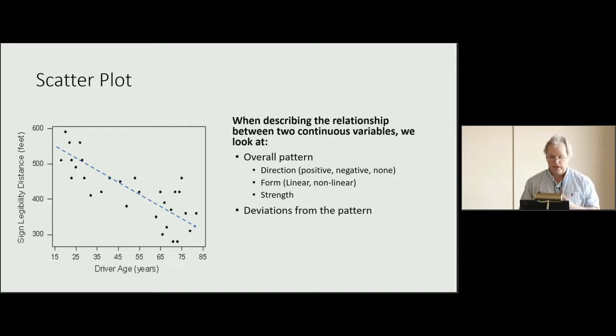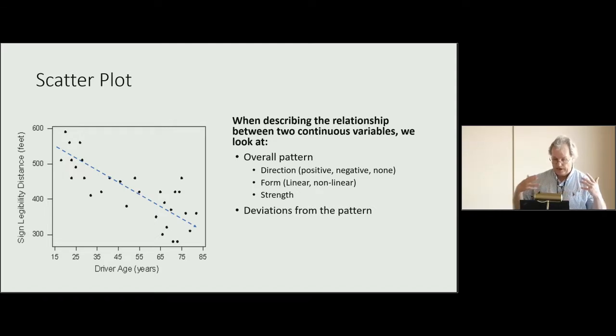So we can determine whether there's a positive relationship, which means that if you increase a variable, you get a corresponding increase in the other variable. So a positive relationship, or a negative relationship, which is the example on the left. So if we increase driver age, we decrease the sign legibility distance.